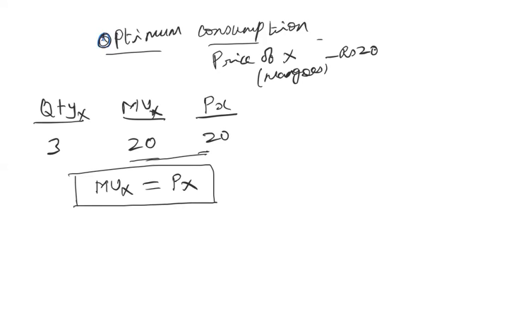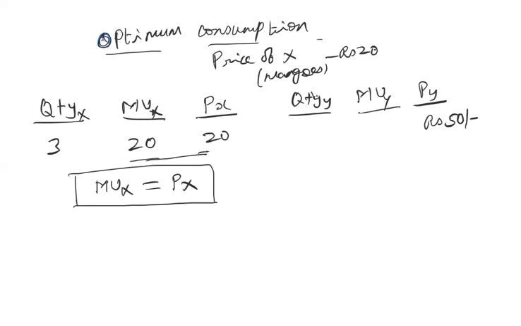So this is based on the law of diminishing marginal utility, taking only one commodity. Now let us take another commodity. Let us take quantity of Y, apples or anything. So marginal utility of Y and price of Y. Let us assume the price of commodity Y is rupees 50.